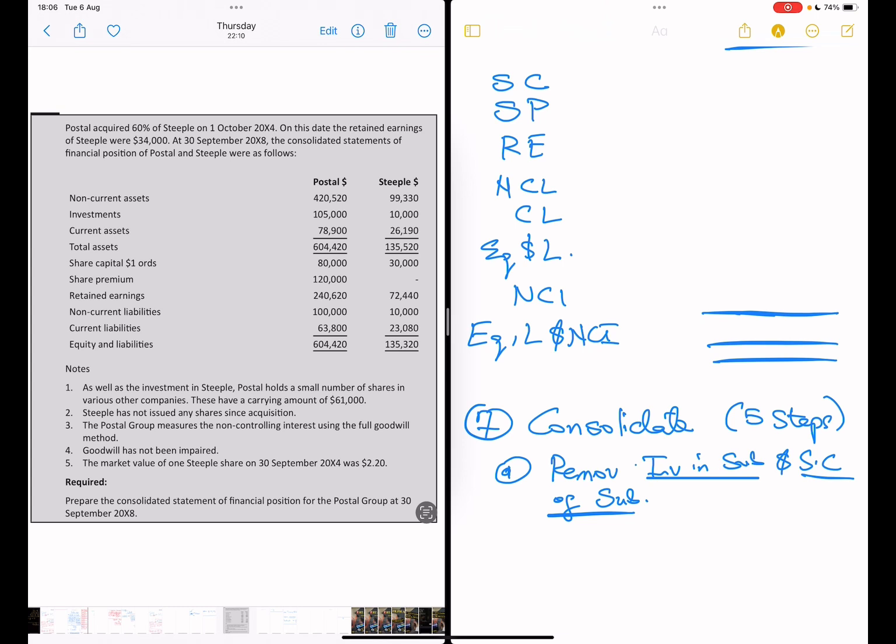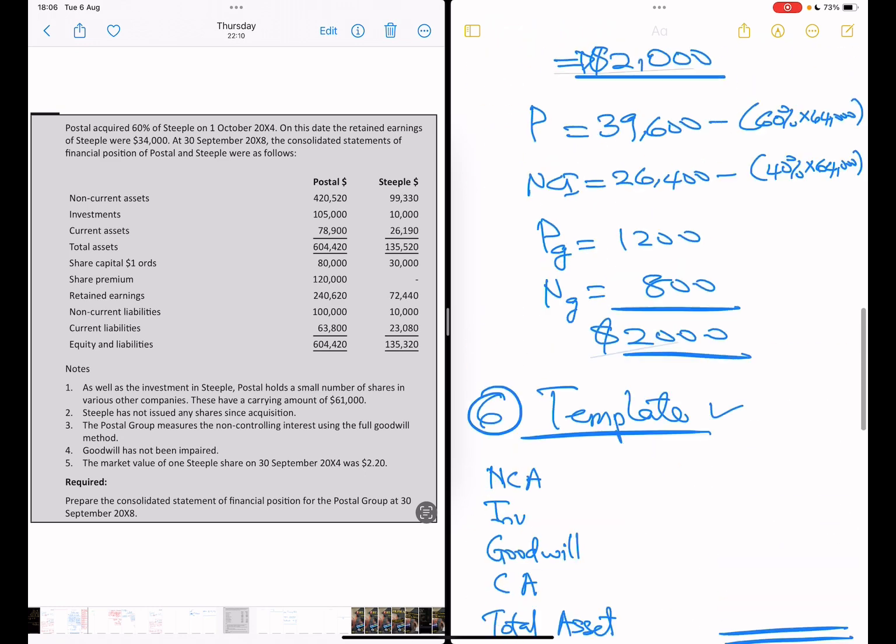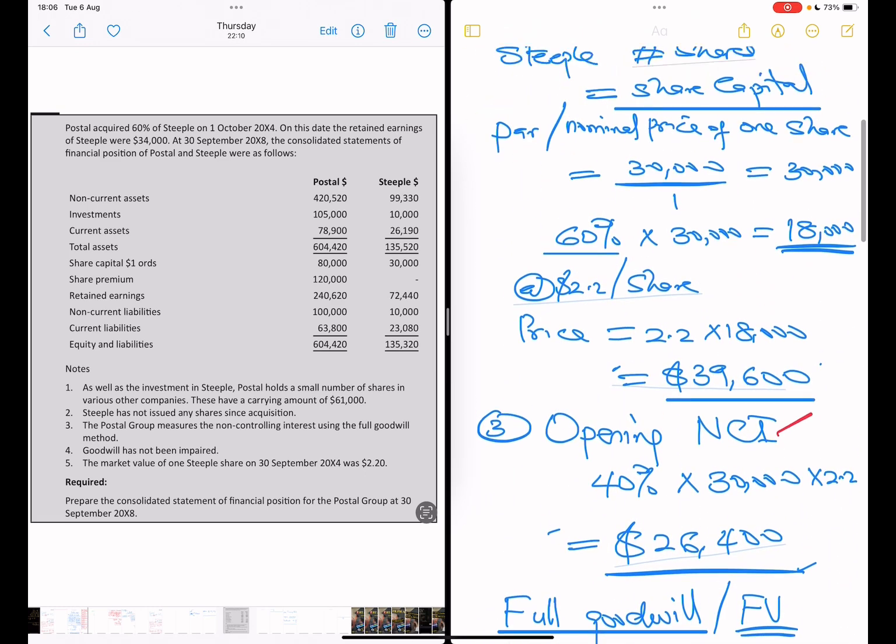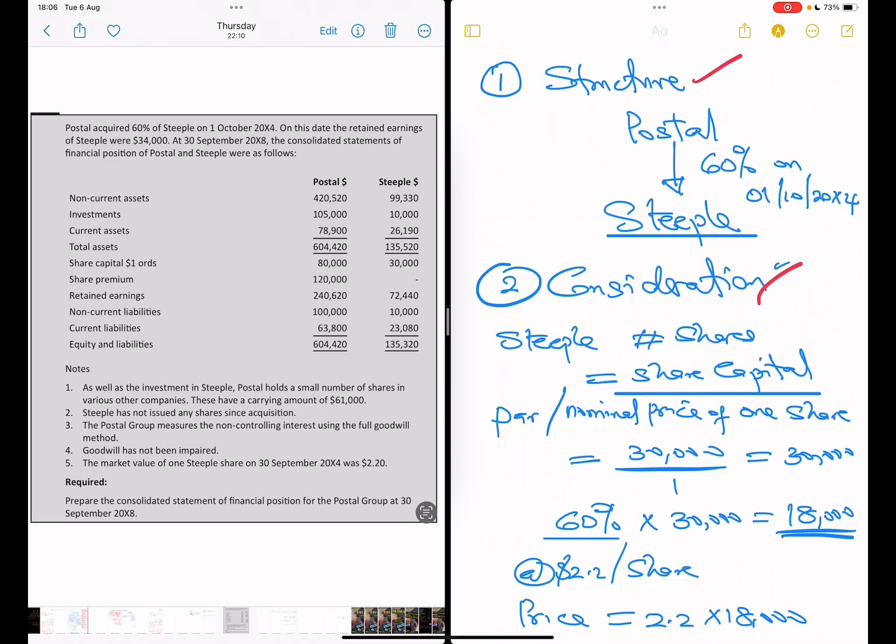So investment in subsidiary is in the parent. The entry I'm talking about here is like you are going to be debiting share capital of subsidiary, and you're going to be crediting investment in subsidiary. This one is in subsidiary's book. This one is in the parent's book. So in this question now, we've calculated investment in subsidiary, which is the cost of investment, that consideration we got here.